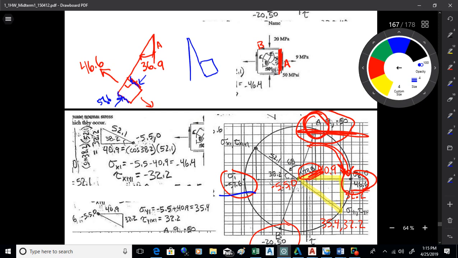That's where the maximum shears are. So that would be what, 8.1 is it? So there's the planes with the maximum shears. So we okay with that?